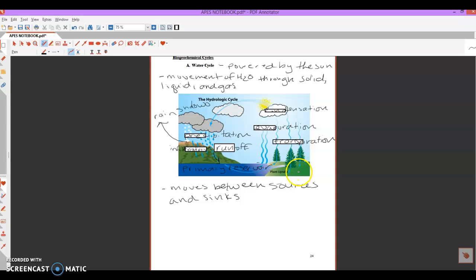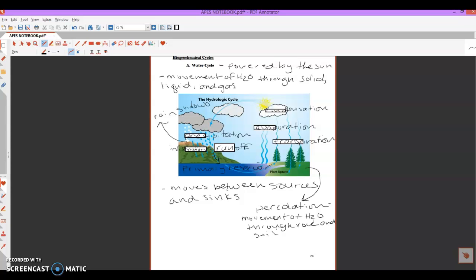Okay, now, when you have water that goes into the soil, all right, there's another term that we use for this, and this is called percolation. And percolation is going to be the movement of water through rock and soil.